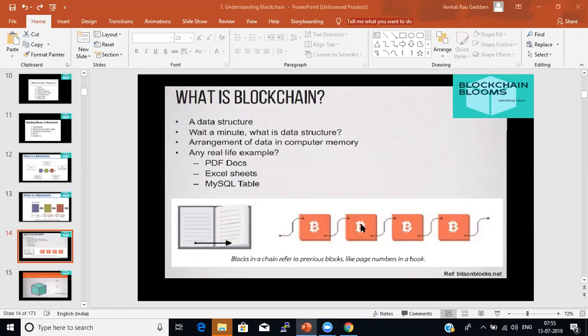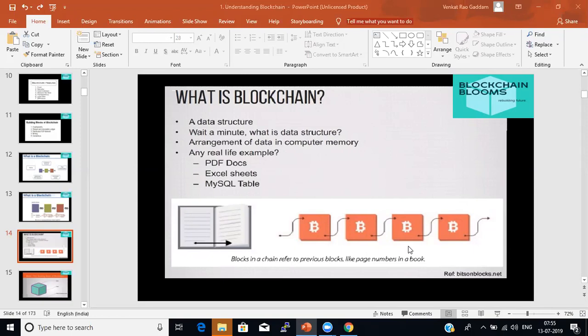So these 100 transactions plus the first block hash code generate the output of the second block. Again in the third block, the second block's hash code plus the 100 transactions of this block will be generated as a hash code.